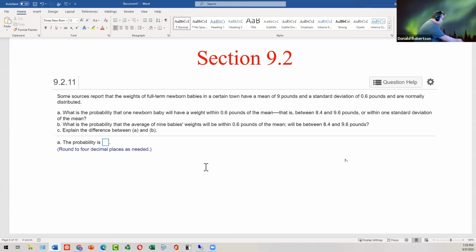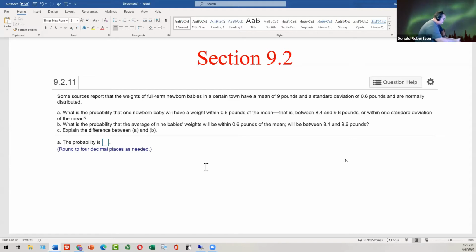And a standard deviation of 0.6. Now, since those two numbers are from the population, you've just told me that mu is 9 and sigma is 0.6. And now it's asking us, what's the probability that one baby from this population will have a weight within 0.6 of the mean?